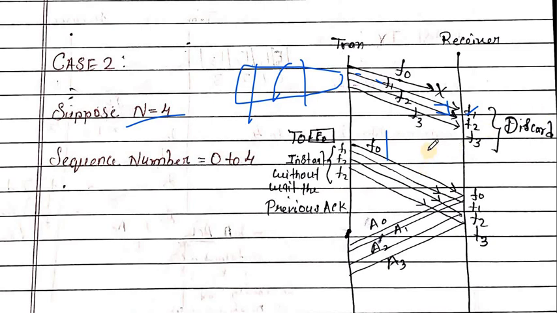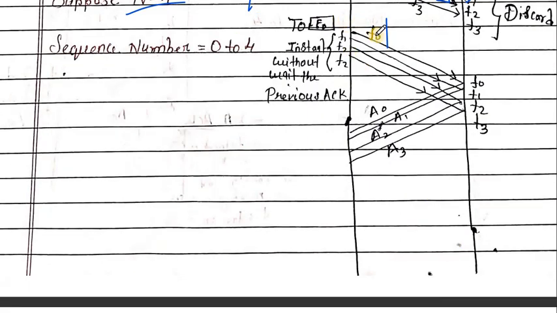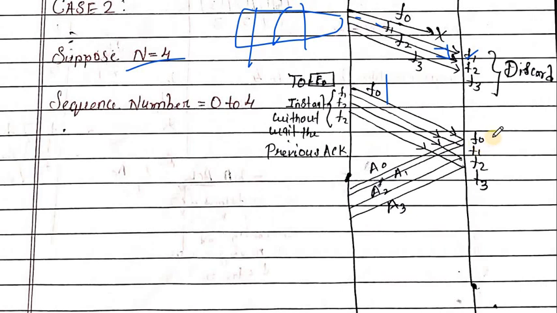After the time is over, the transmitter doesn't get any acknowledgement. So the transmitter again sends all 4 frames, F0, F1, F2, F3, to the receiver. Now F0 is received by the receiver, which sends an acknowledgement, and then F1, F2, F3 are received in sequence and acknowledged to the transmitter.